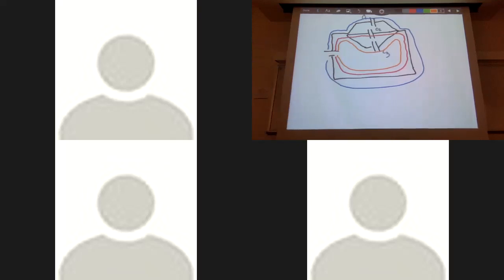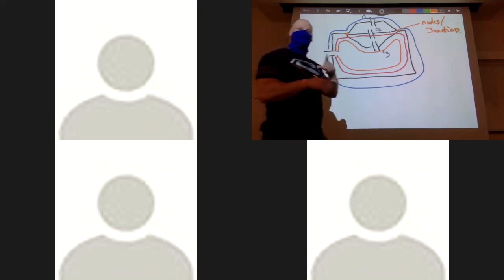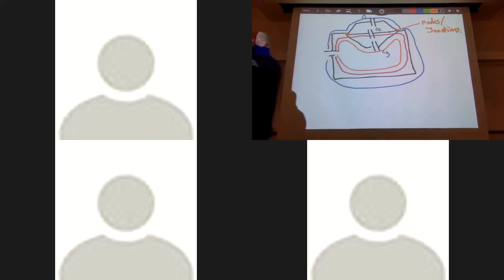So those are points where the charge can split off and go into different directions. Okay? So these points here, this point, and this point are what are called nodes or junctions. Junctions imply the fact that it has a choice. It can go different directions at what it wants to go. Now, the amount of charge which goes through each one will depend on the size of the capacitance.